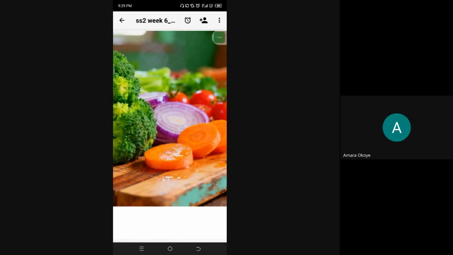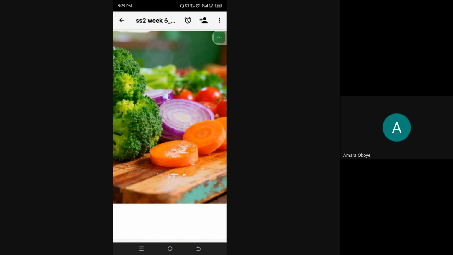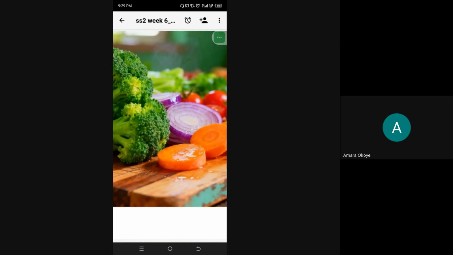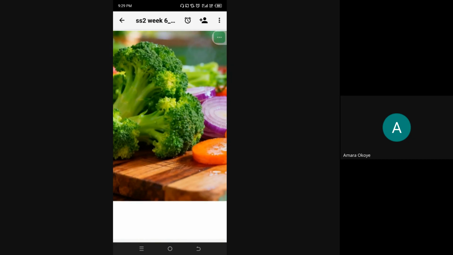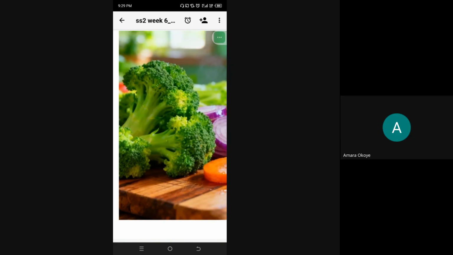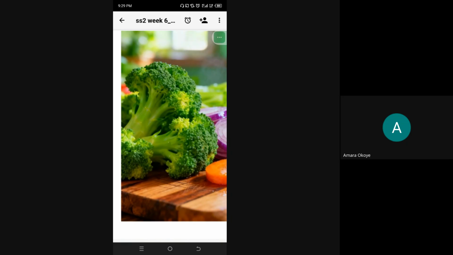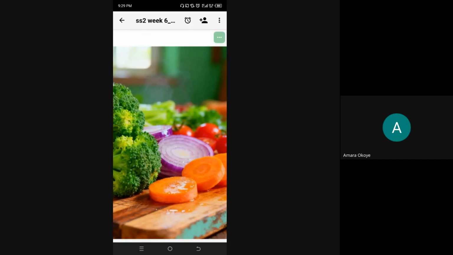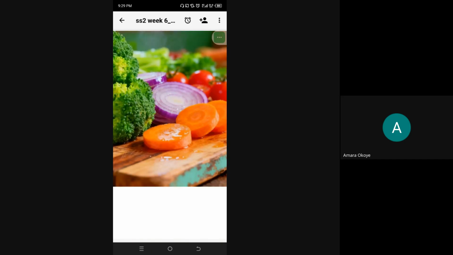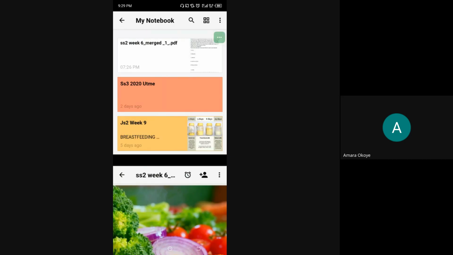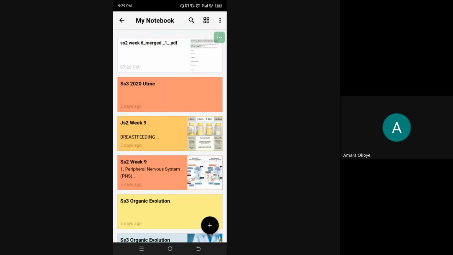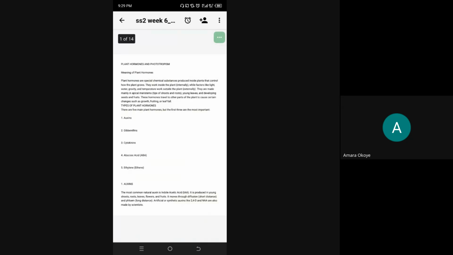We have carrot that is there. We have tomato. We also have, this is our special food, broccoli. This is broccoli now. Broccoli, the spinach, all those are vegetable foods. You understand? So that is basically that.